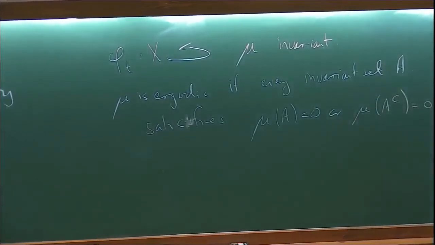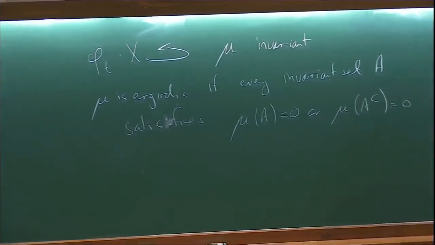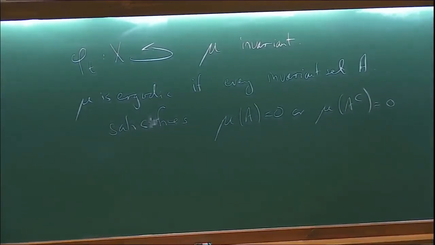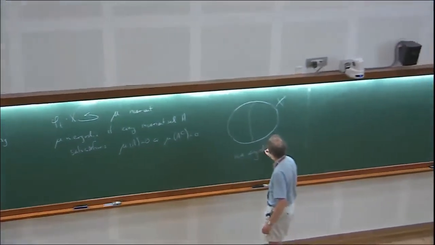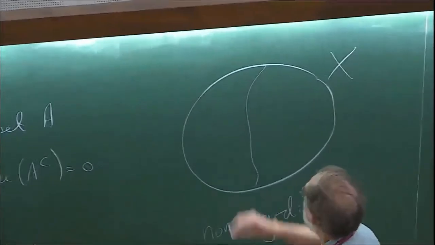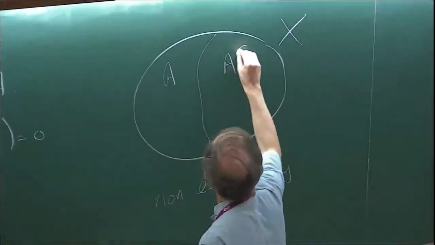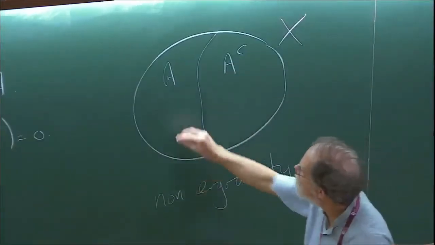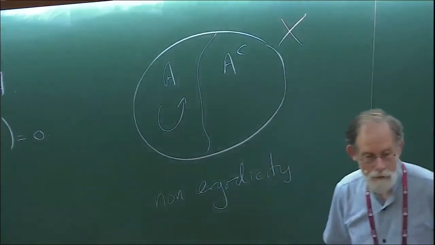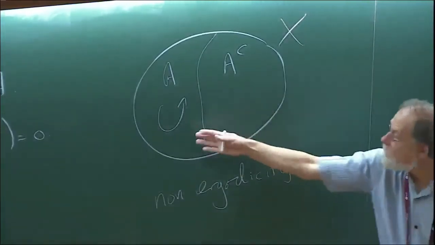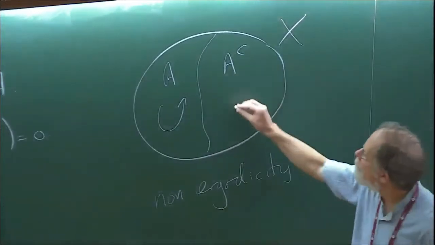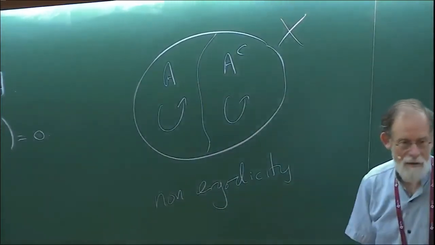And so I can draw a picture. The picture that I can draw is a picture of what non-ergodicity looks like. We have A and A complement. The flow restricted to A stays inside of A, does not interact with A complement, and the same here.